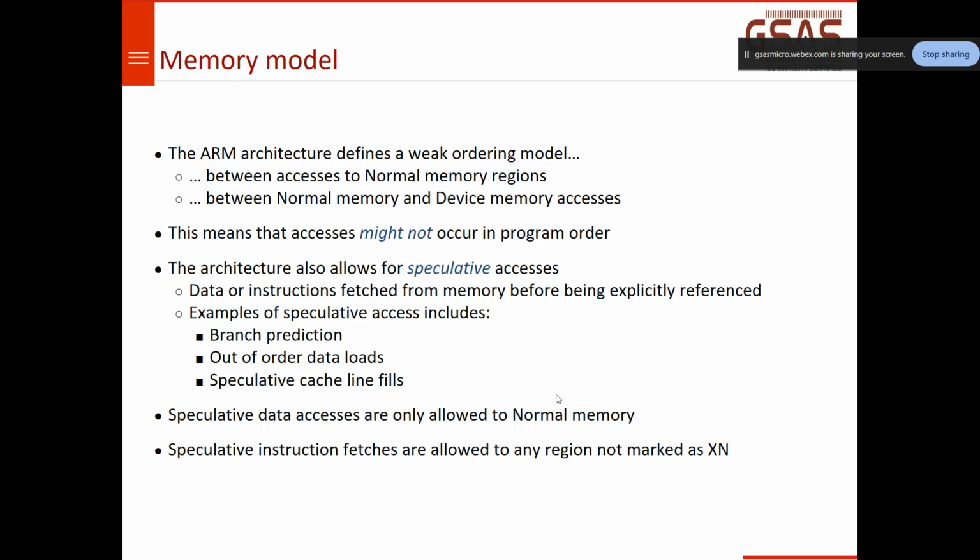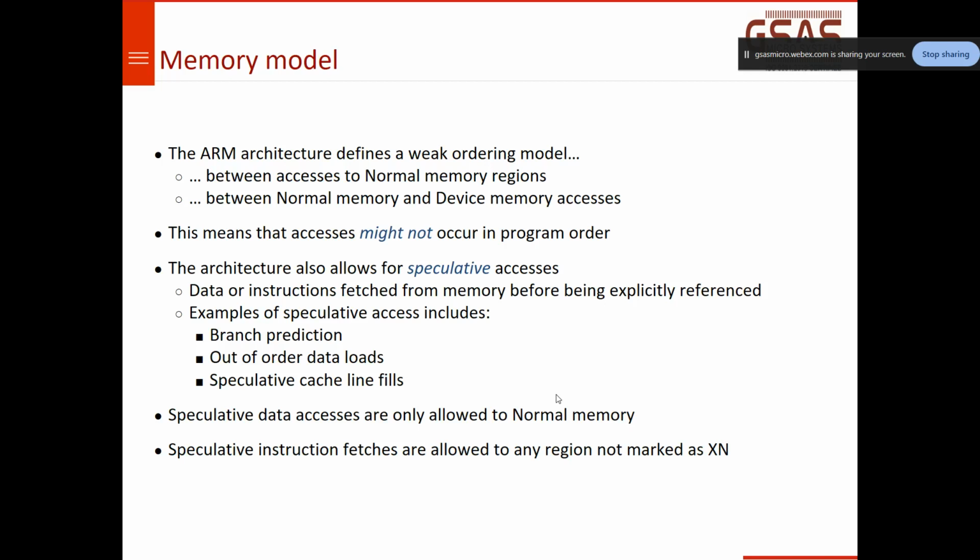Speculative instruction fetches are not allowed to any region marked as execute never. For example, take a Cortex A or a Cortex M which has a 4 GB memory address space. I can tell the linker that a specific block has to be used as flash or RAM, and I also give the access attributes for those blocks, whether it is read only, write only, execute never, cached, or non-cached, and the different cache properties.